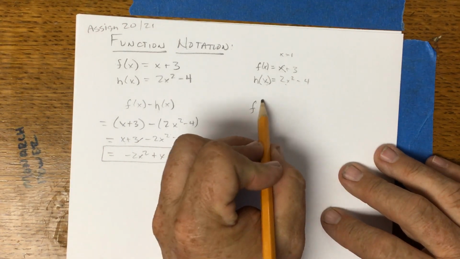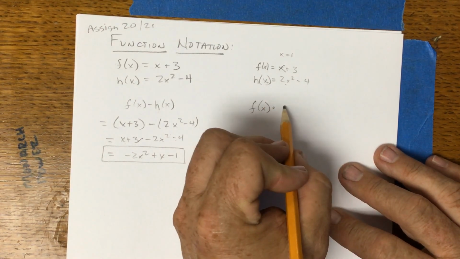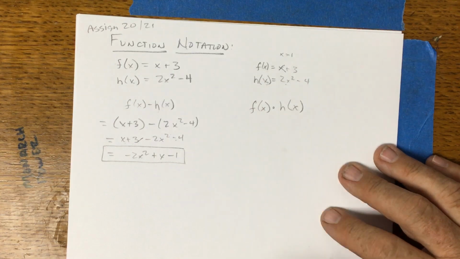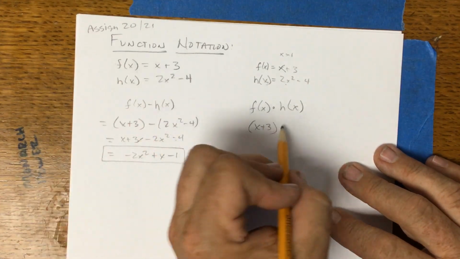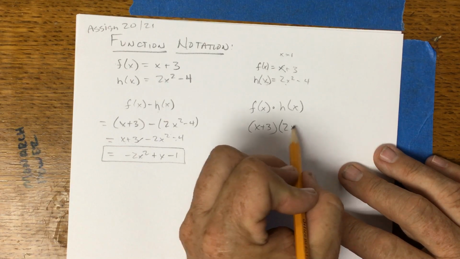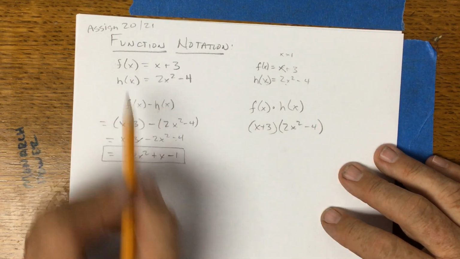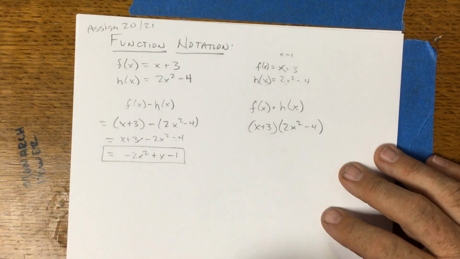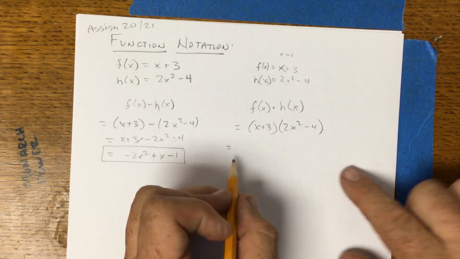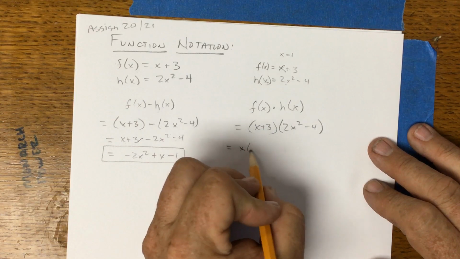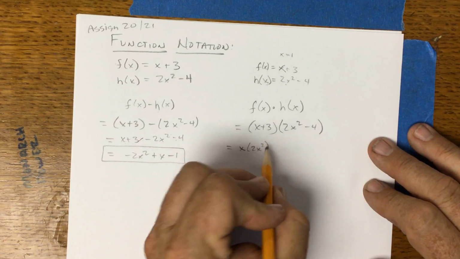And we can do both. We can go f of x times h of x, and then all we're going to do is x plus 3, which is our f of x, and then our 2x squared minus 4, which is our h of x. And then we're going to distribute the x into each one. I'm going to do it a little differently so you see it a few different ways.